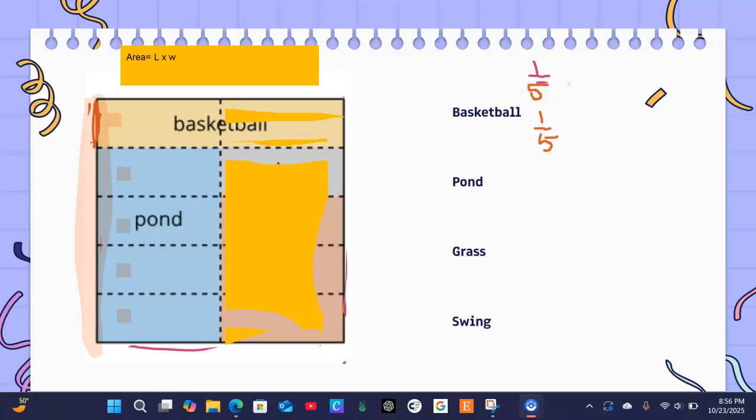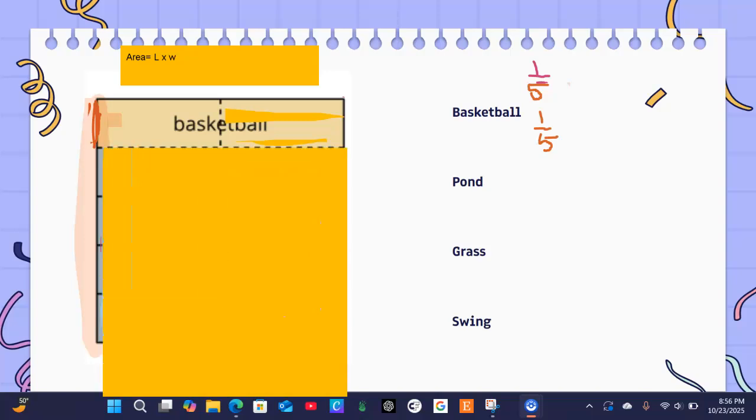Now let's go ahead and cover up the other portion, the other side length, and we're going to determine this side length right here. And we can see that as we cover it up, both sides have basketball, so that's going to be 2 out of 2.